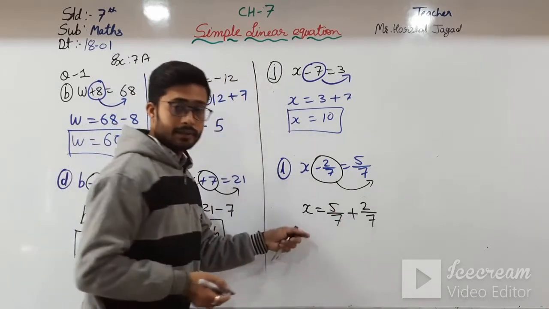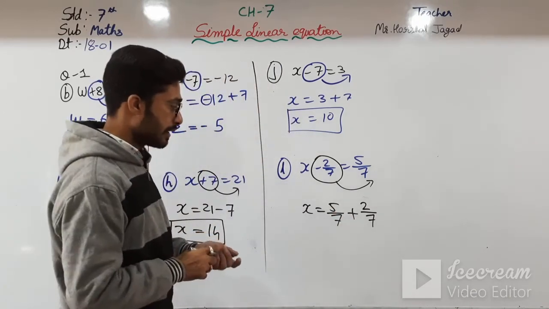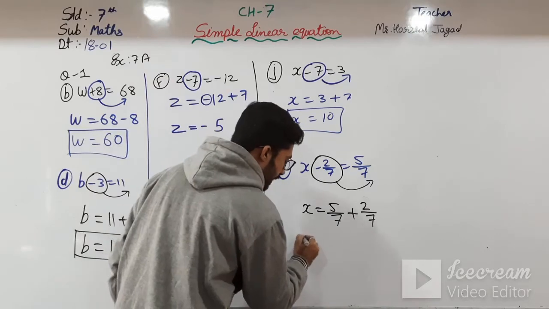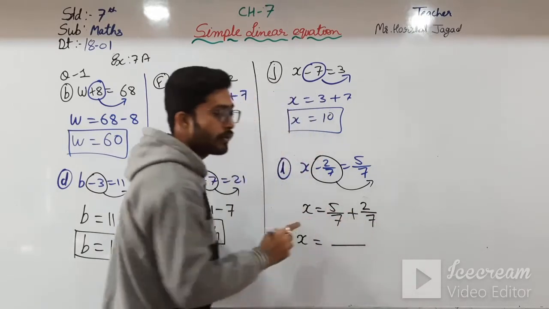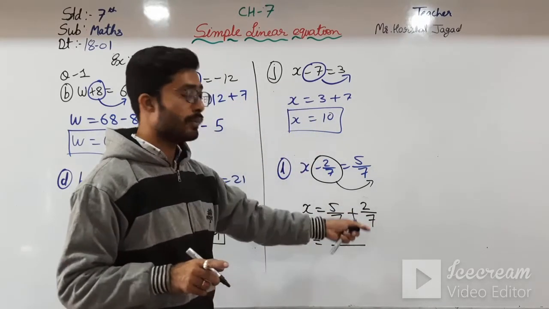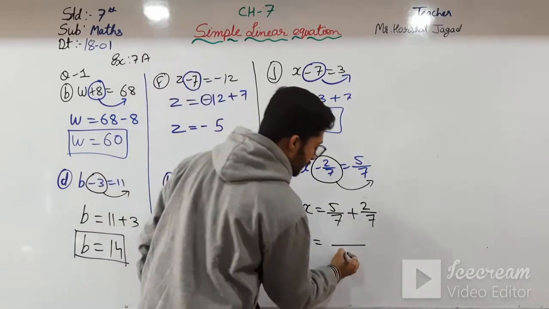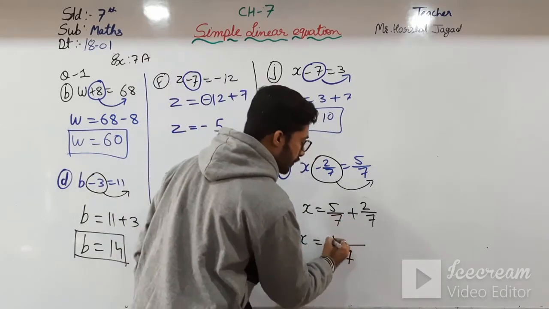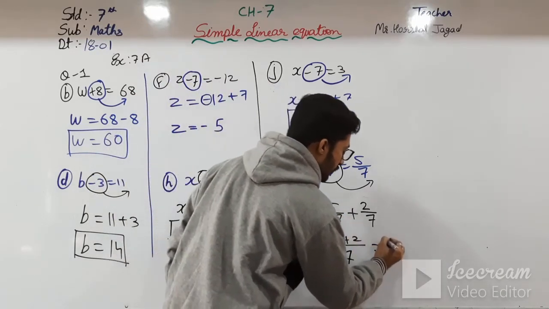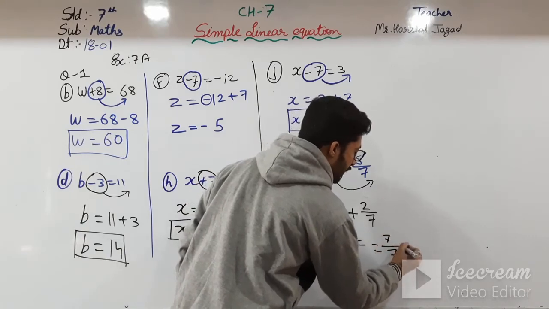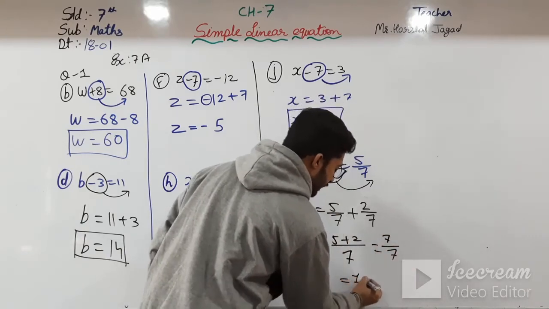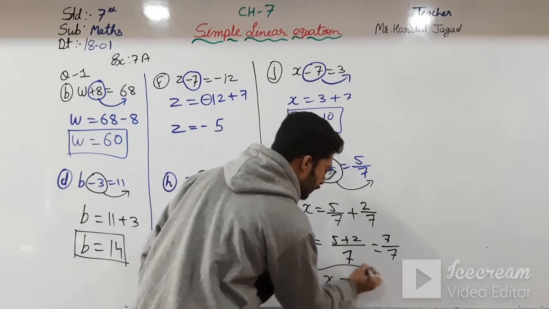First of all, let us solve this, then after I will explain the other case. X is equal to, here we don't have to take the LCM. Why? Because the denominators are the same, that is 7, and 5 plus 2, that is also 7 upon 7, then we will get the answer, that is 1. X is equal to 1.